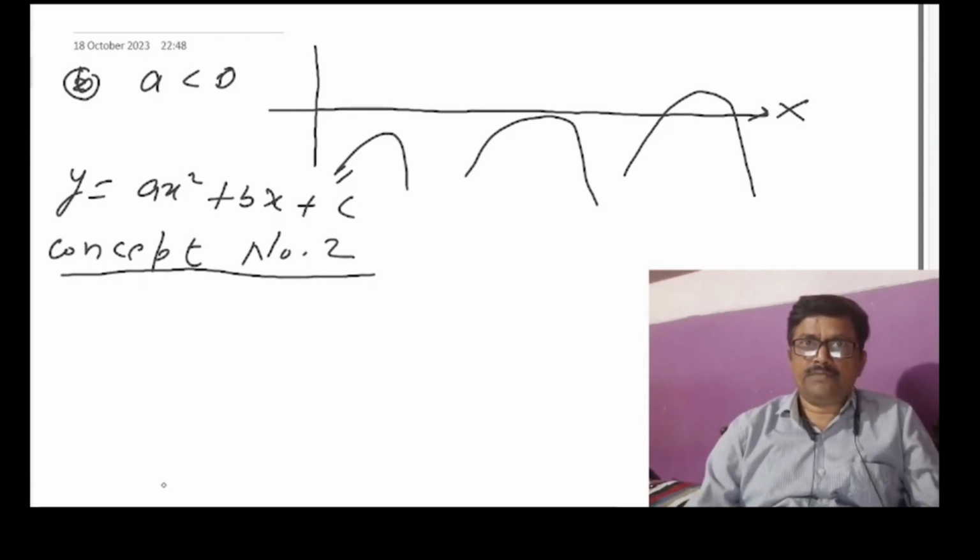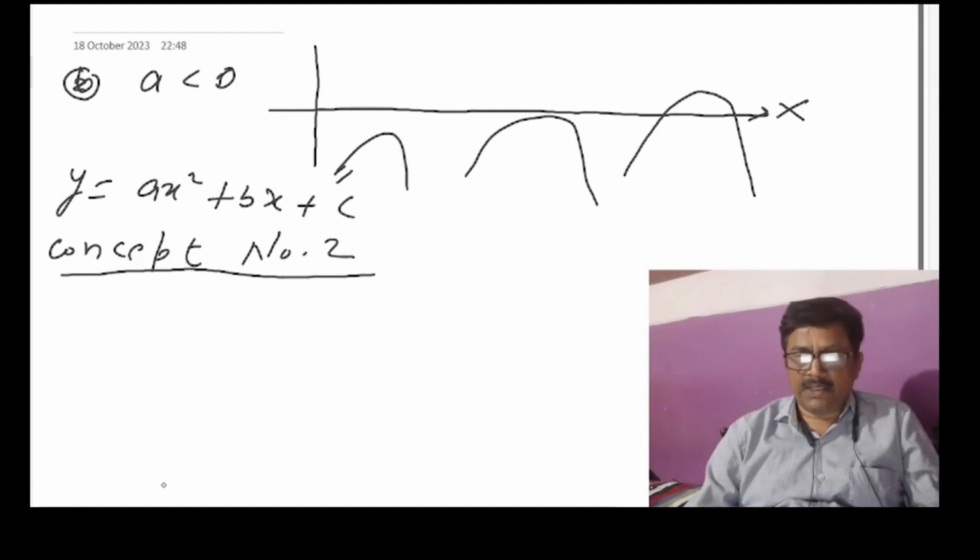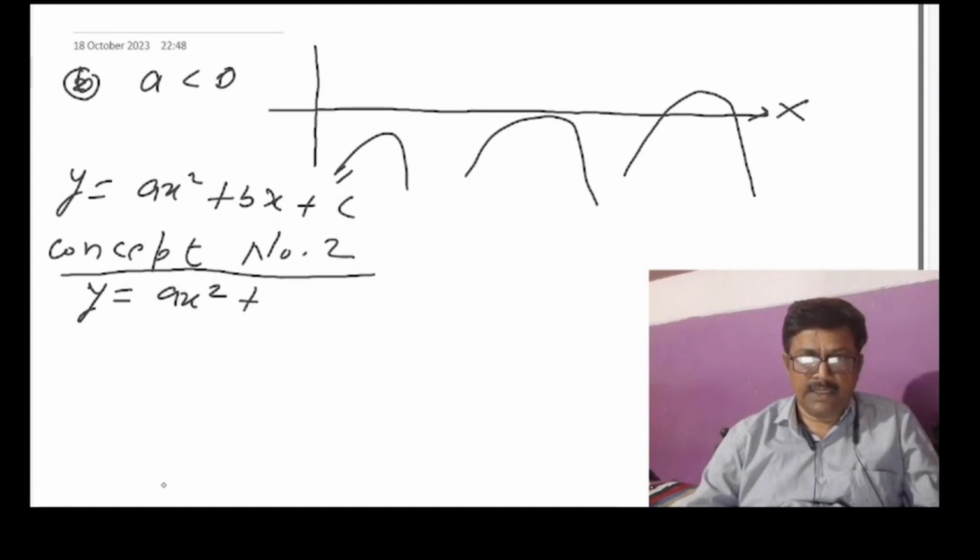As we know, any graph may cut the x-axis at 2 points, may cut the x-axis at 1 point, and may not cut the x-axis. So what is the meaning of these 3 cases? Suppose any equation, for example take a quadratic; you can take any expression.